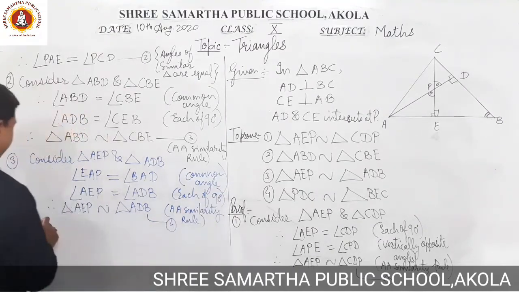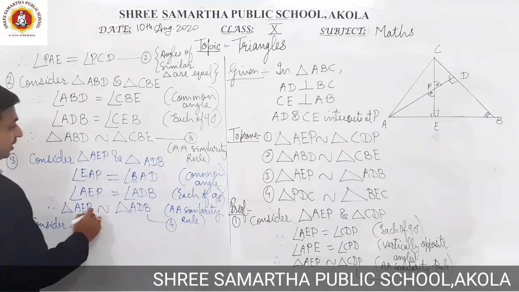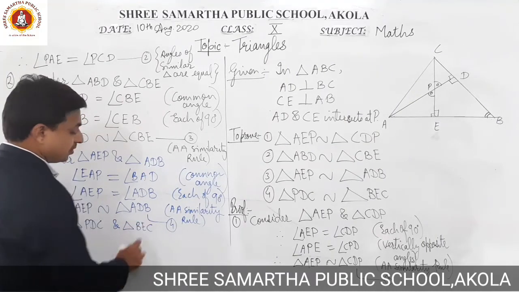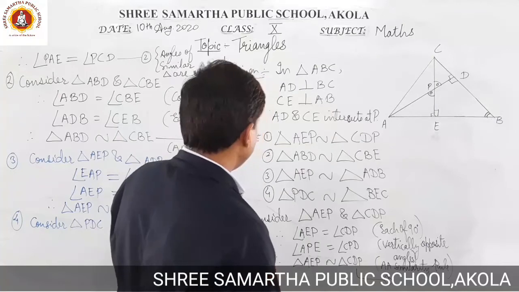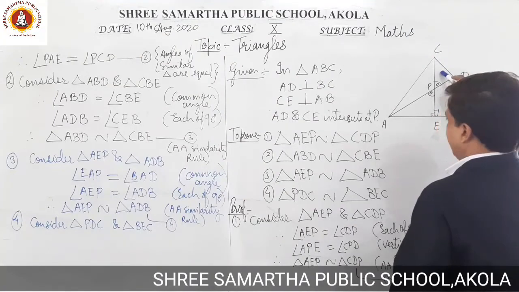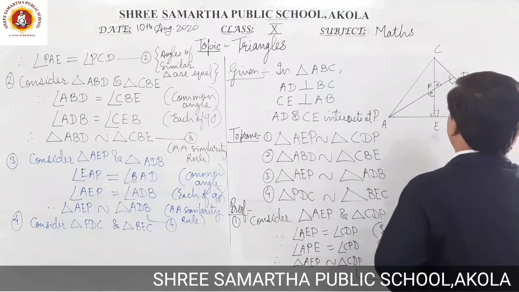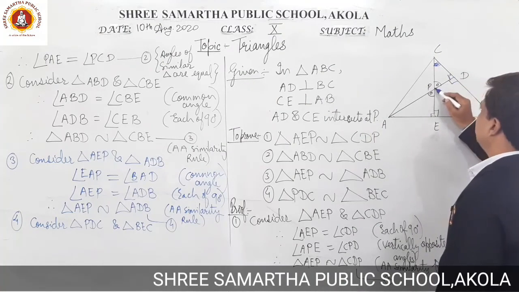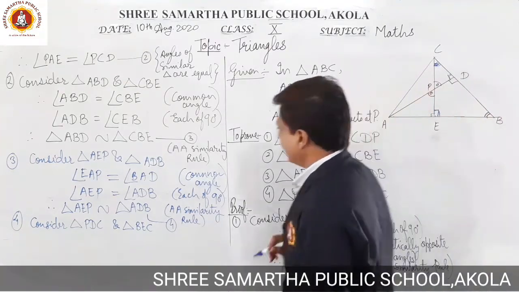Fourth, we have to prove triangle PDC. Consider triangle PDC and triangle BEC. If you observe, dear student, both these triangles, PDC, this smaller one, and BEC. Angle C is common to both of them, and angle PDC and angle CEB are each 90. One angle is common.